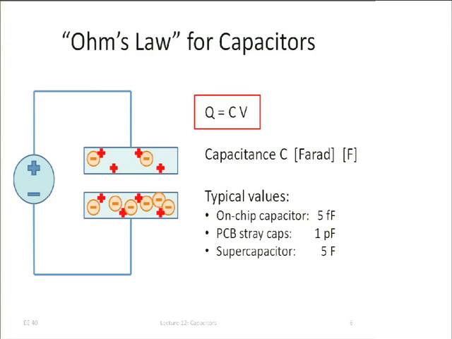And the proportionality constant is called capacitance. Just like in a resistor, where the current is equal to the voltage divided by resistance, here we have that the charge is equal to the capacitance times the voltage. So a very, very similar law.